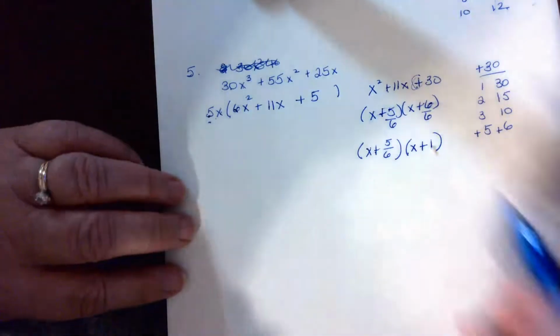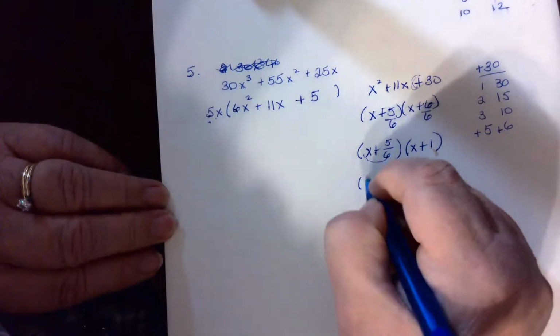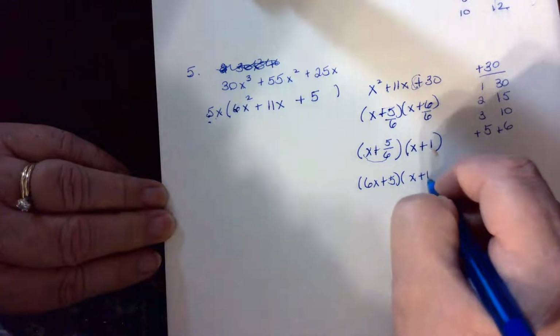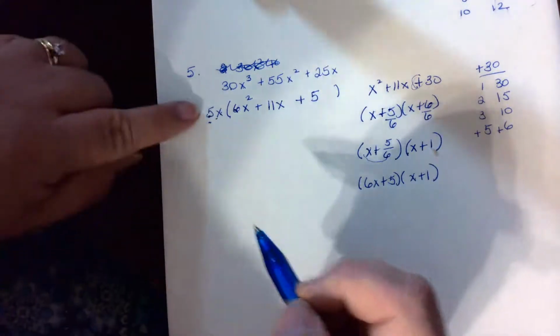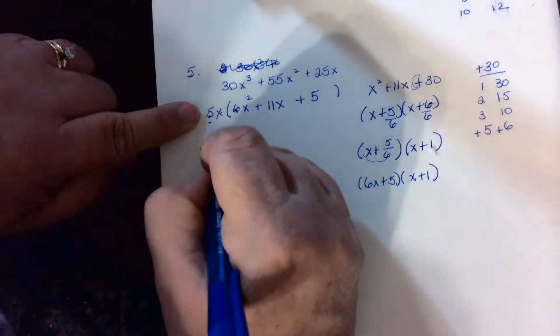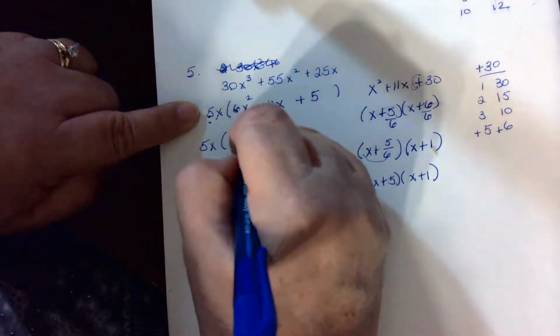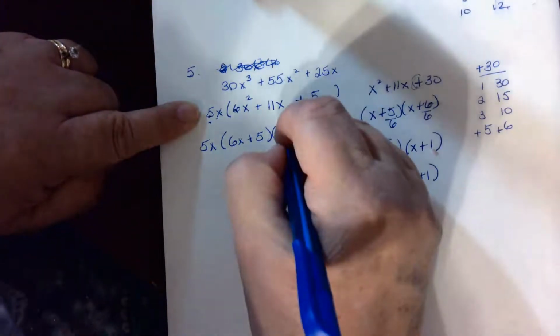If I can't change it to a whole number, I take this 6 and slide it up here. So I keep my 5x that I had as my common factor. Then I use 6x plus 5 and x plus 1.